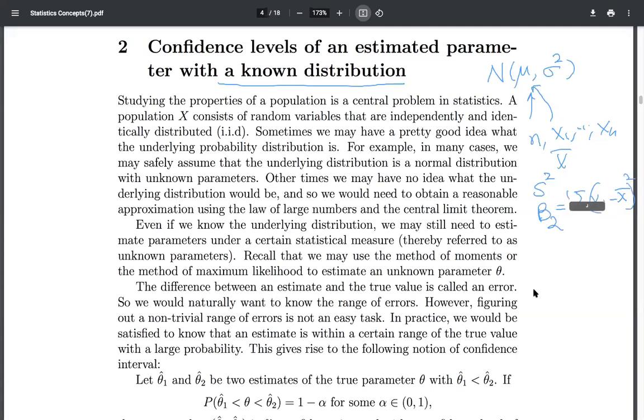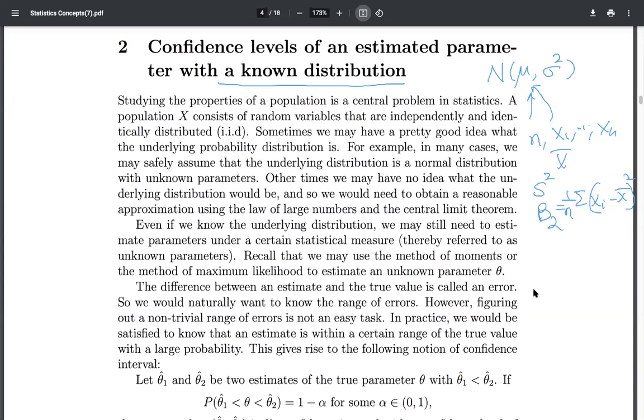So we have an estimate, but then I want to know how good these estimates are. The law of large numbers only tells me that when n is large enough, they will converge to the true values.